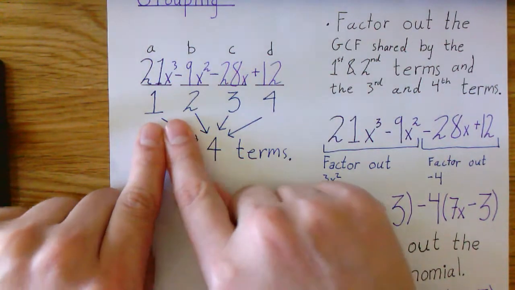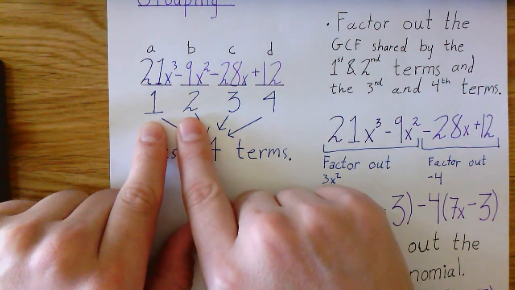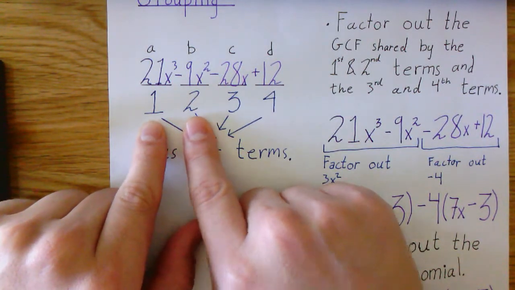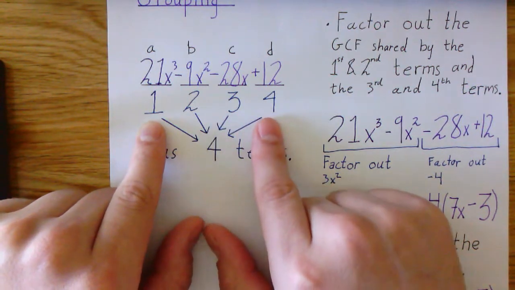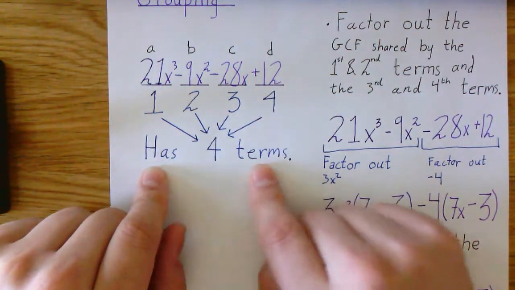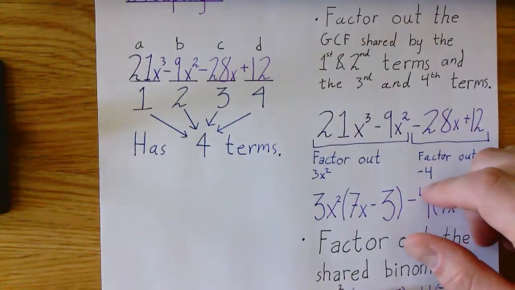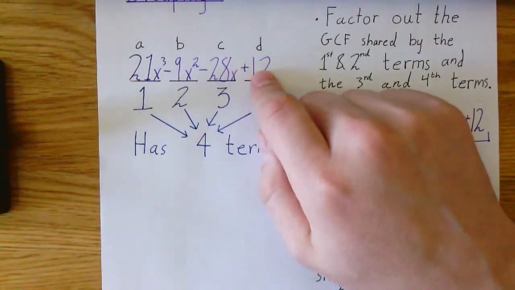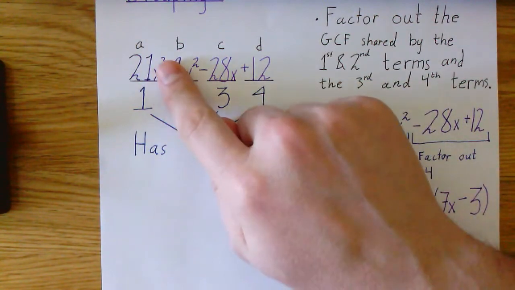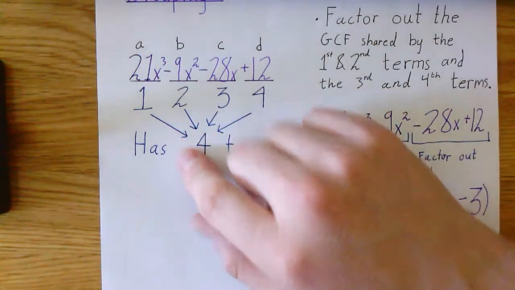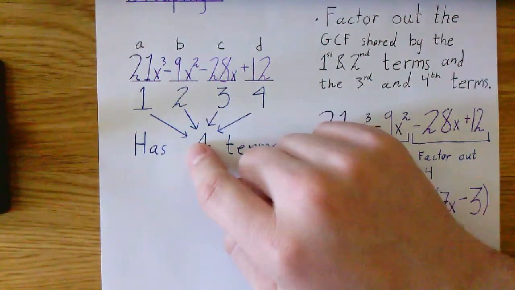Count them. 1, 2, don't mess up now, 3, 4. 4 terms. It's grouping. You know it's grouping because it's 4 terms. I don't care what A, B, C, D are. I don't really care what the x's are. It doesn't matter. If there are 4 things, do grouping.